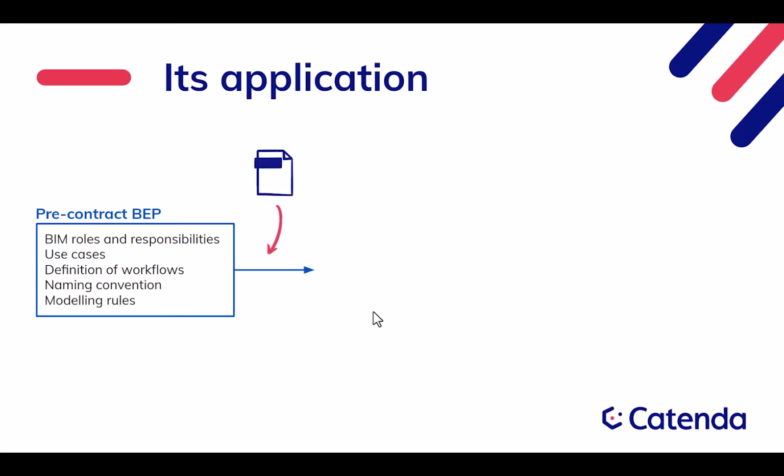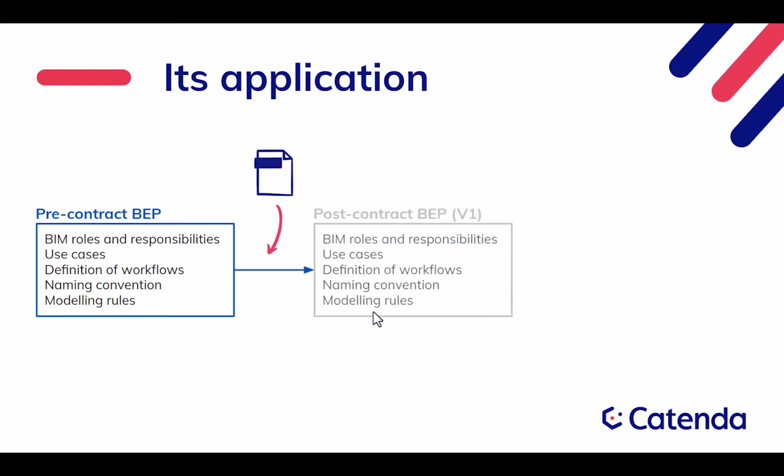Once a contract is signed, then you will move on to a post-contract BEP and the first version of it. This first version will need to involve the rest of the team of the design team, because it needs to take into account their capabilities, the software they are using, what they are used to.